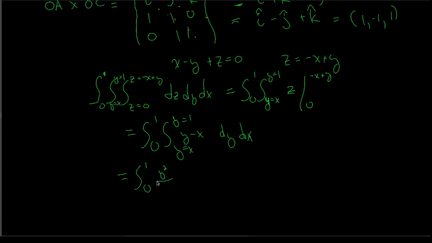So now we'll integrate in terms of y. So that's y squared over 2 minus xy evaluated from x to 1.